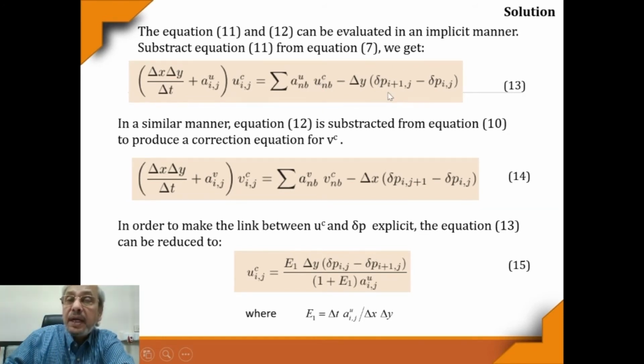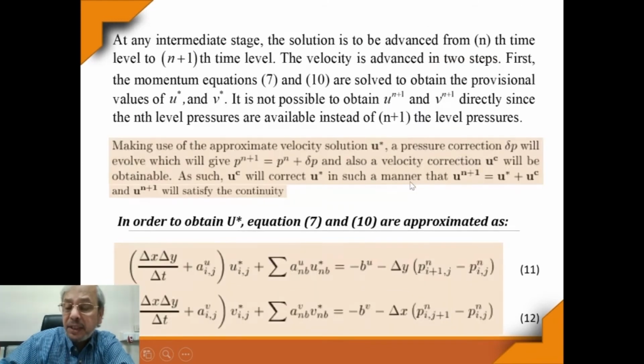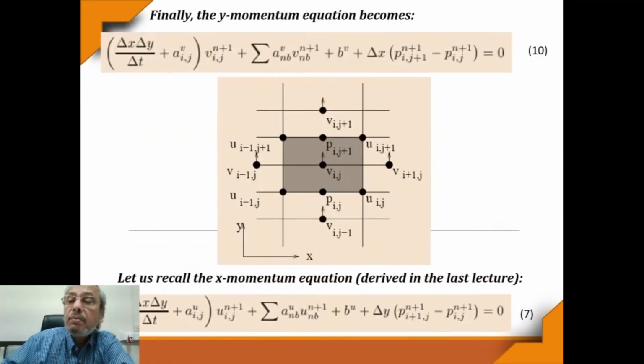And at every point, p at the level n+1 minus p at the level n is basically delta p, because if delta p is added to p at the nth level, it will be p at the level n+1. The same philosophy applies for the y momentum equation, and we get this if we subtract equation 12 from equation 10.